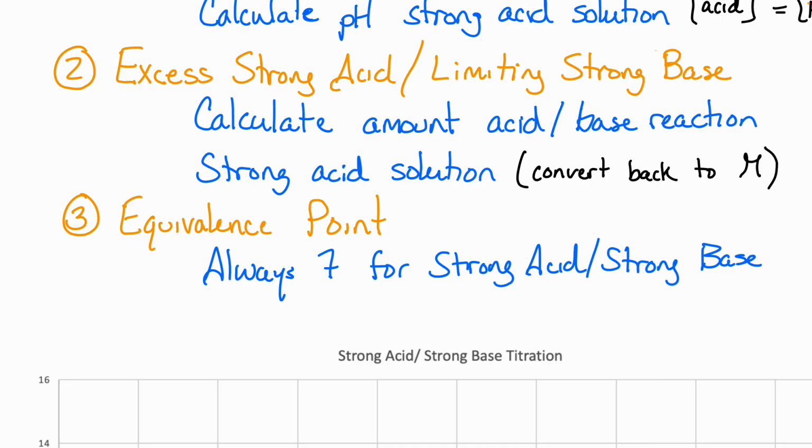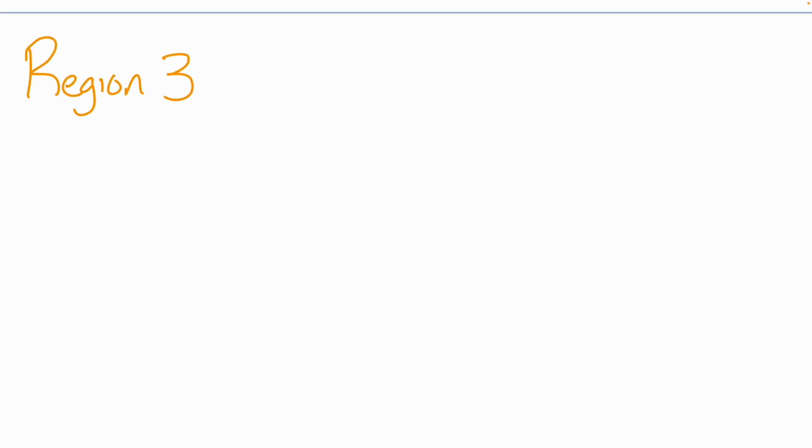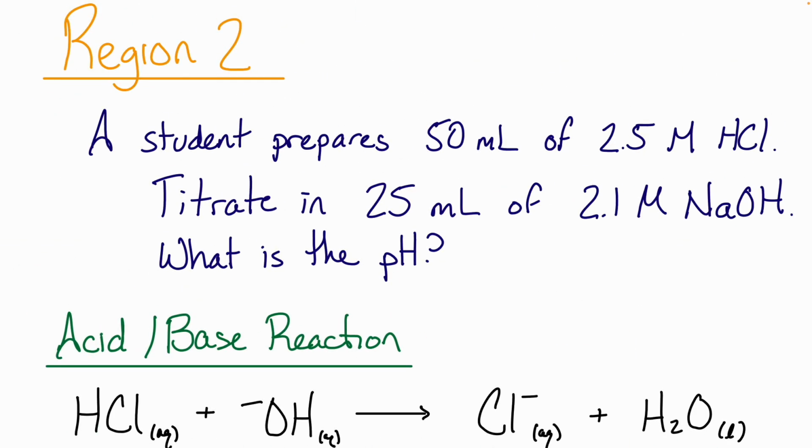Okay, but another thing that I could ask you though, and this is going to be the real sort of region 3 calculation here. Again, let's take our original solution.